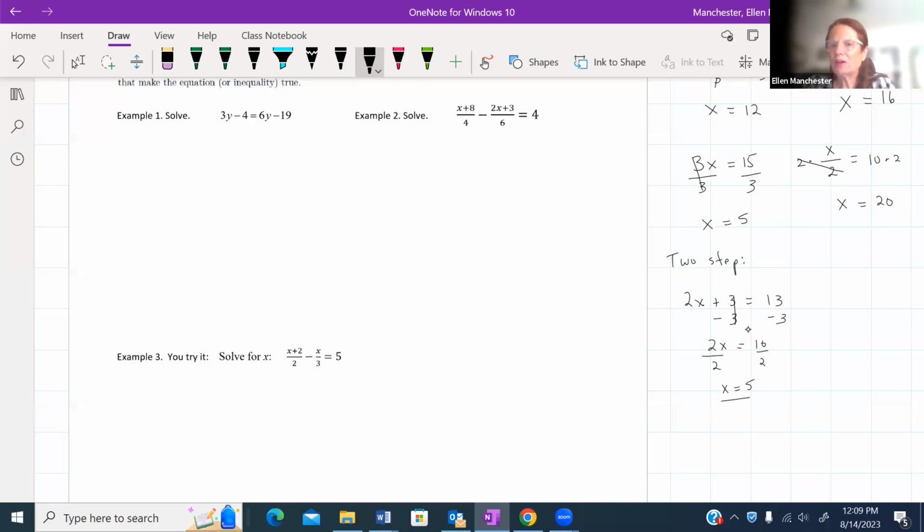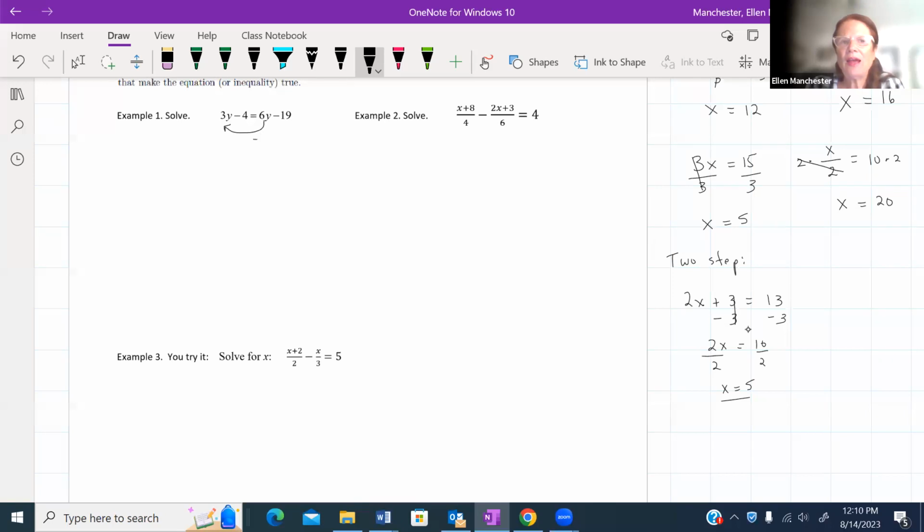Most of you should be extremely comfortable with those two, the one-step and the two-step. Now, when I come over to example 1, this is a multiple step. You can see I have variables on both sides of my equal sign now. So I'm going to move this 6y and add it to my like term.